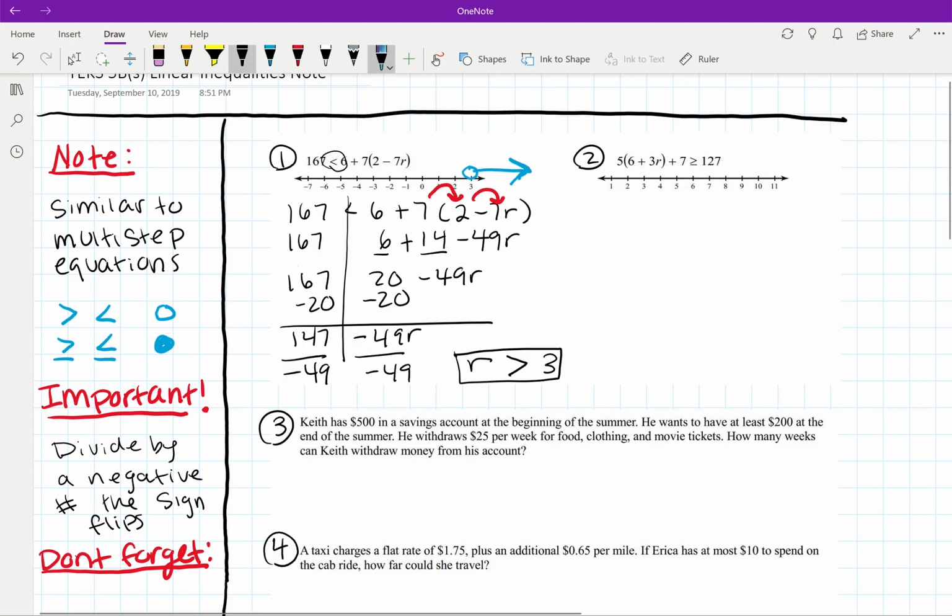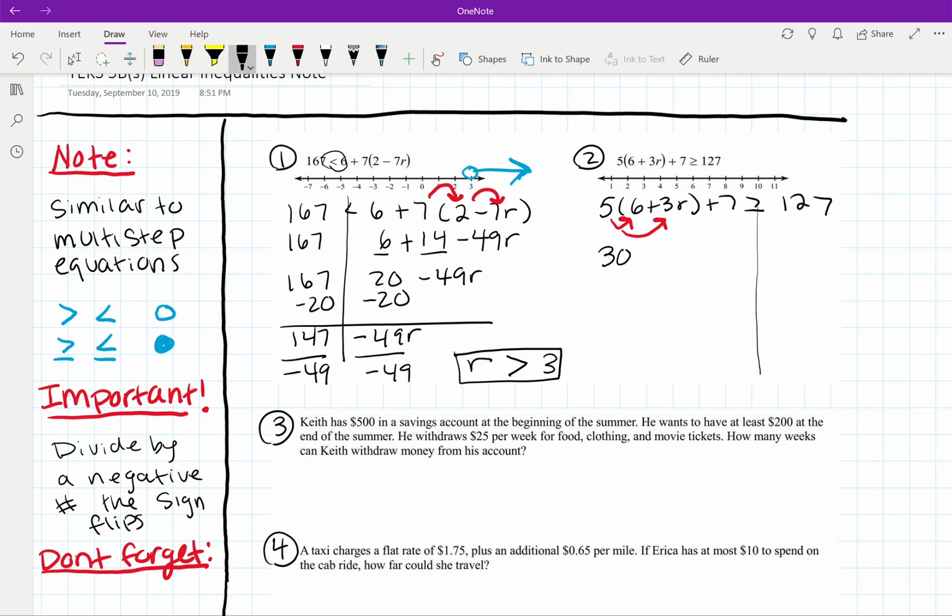Okay, so number 2, we have 5 parentheses 6 plus 3r, plus 7 greater than or equal to 127. Okay, so we're going to do the same thing. Since we see the 5 outside the parentheses, we're going to distribute. So when we distribute, we get 5 times 6, which is 30, and 5 times 3, which is 15r, plus 7.